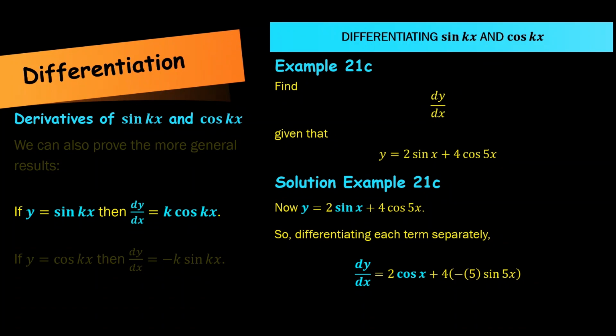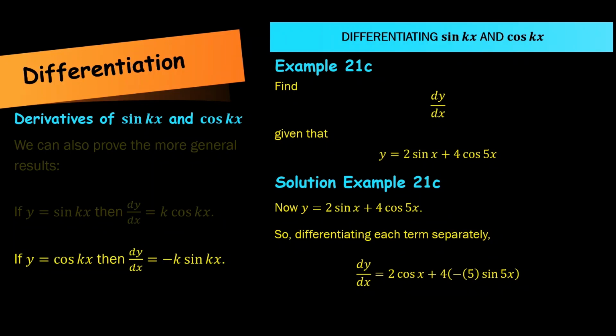And we work that out by applying k equals 5 to the formula for the differential of cos kx, as shown here, to give us the term 4 times minus 5 sine 5x as shown. And so tidying up gives us that dy dx equals 2 cos x minus 20 sine 5x.